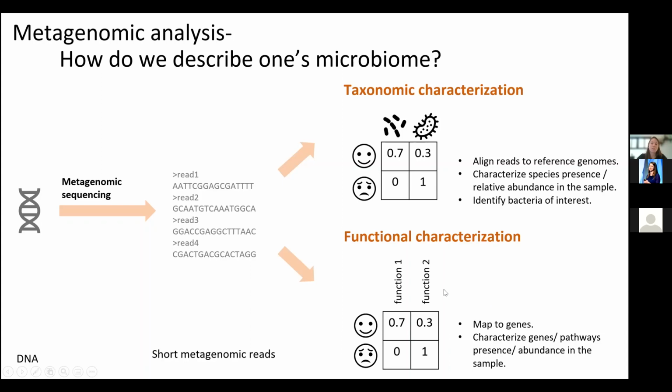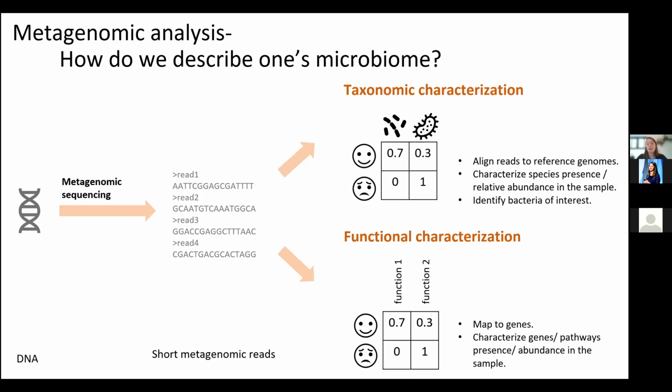A second approach is functional characterization, which means that you don't characterize the species composition, but the gene composition or the pathway composition in the sample. You can align your reads directly to genes and then see whether there are some pathways that are enriched with being sick.